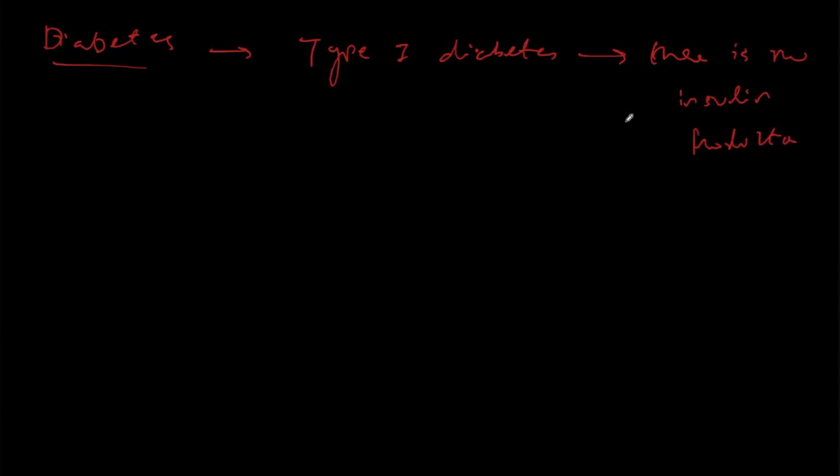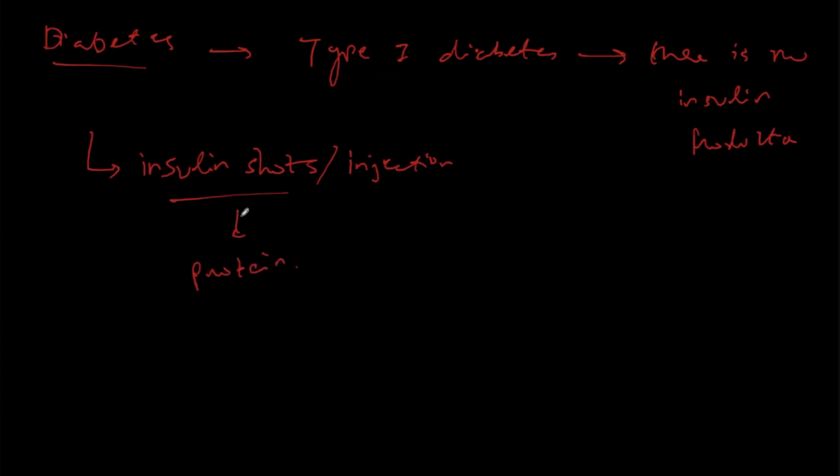There are multiple types of diabetes, but here we are discussing type 1 diabetes. You might have heard of a relative or someone's uncle who takes insulin shots or injections. Insulin again is a protein. The pioneer here was Eli Lilly.